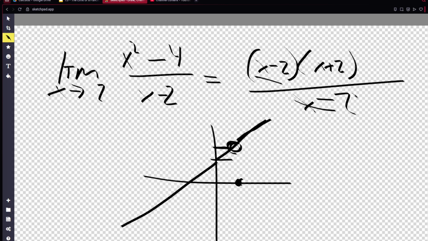You can tell, because I drew the graph right. Not too sure actually. Yeah, so x plus 2. So as it's approaching 2 from the right side, we see what it's approaching. And if we approach 2 from the left side, we'd see what it's approaching.